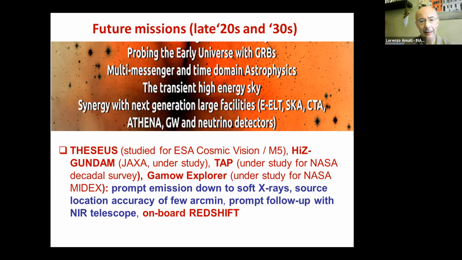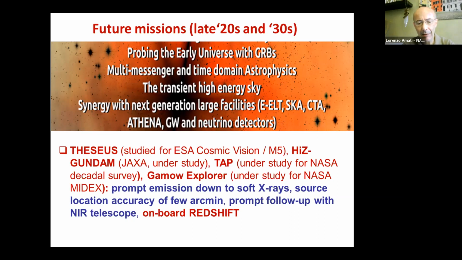Also aiming at providing a huge synergy with all the very large facilities that are being built in the electromagnetic domain. As you may know, of course, we are in a golden era from the point of view of observational facilities.